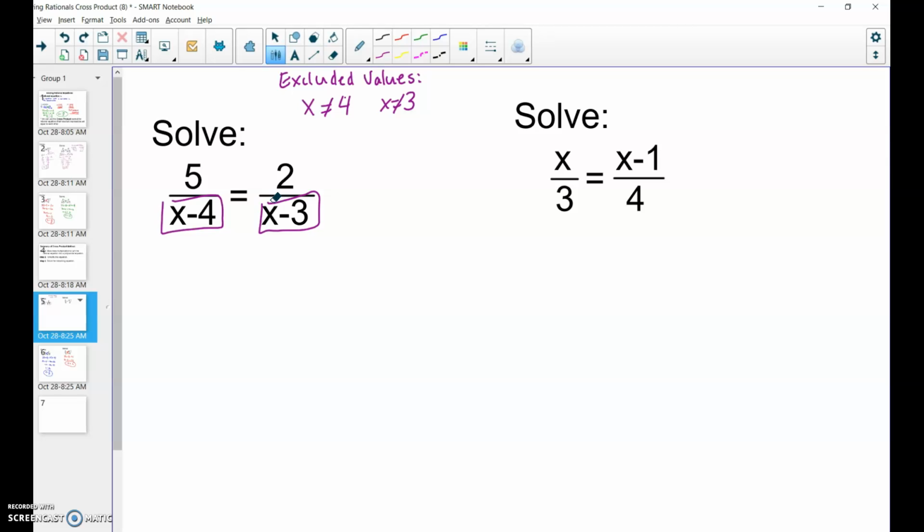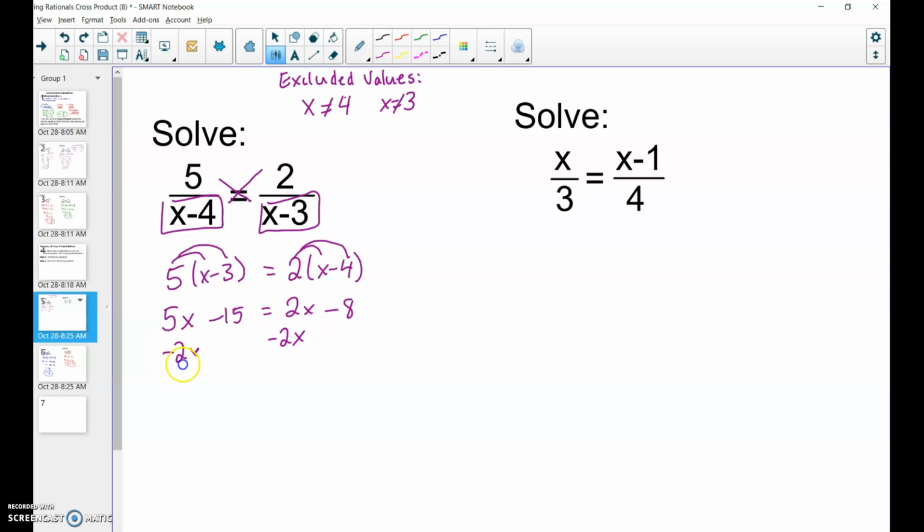Now that I've listed those values, I can go ahead and cross multiply. 5 times x minus 3 equals 2 times x minus 4. Going to distribute. That's my simplifying part of my step. And then I'm going to solve. So I am going to subtract 2x from both sides.